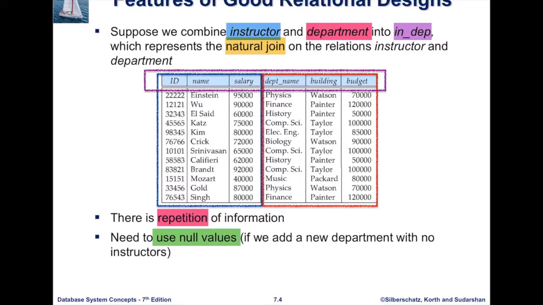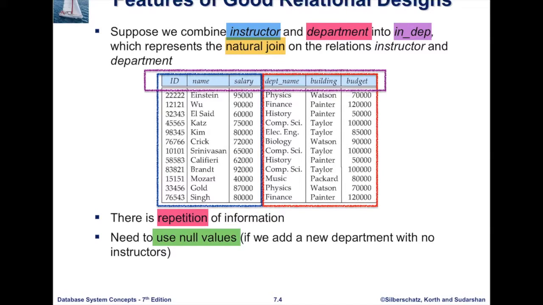Another drawback of this design is that if we add, let's say, a new department with no instructor, suppose may bagong department and then mag-create ng building for it with a specific budget. Suppose magkakaroon na tayo ng data science department, and then magkakaroon siya ng building na ang name ay Alumni Engineer Centennial Hall. And then ang budget ay, let's say, 200,000.